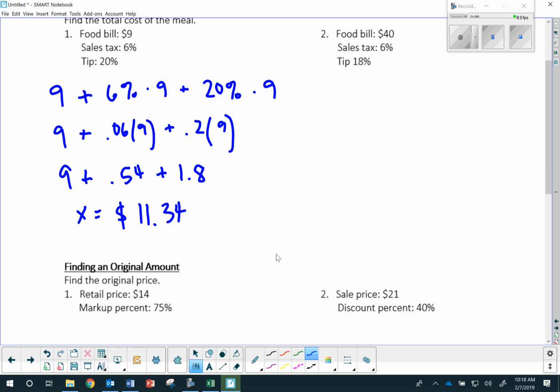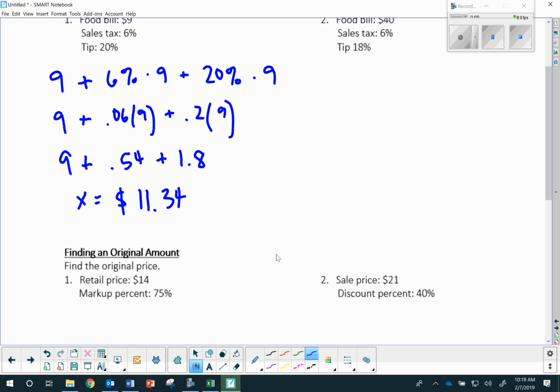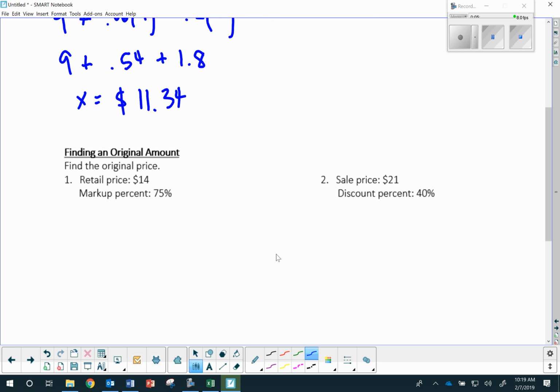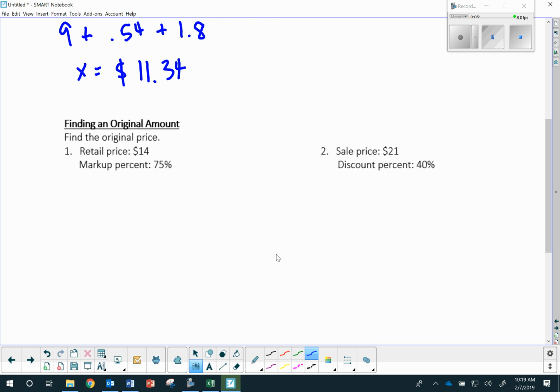All right, again, we have a markup percentage. However, this time it tells us the retail price, and we're trying to find the original amount. So we know our retail price is 14. So 14 equals X, which was our original amount. That's what we're searching for. Then we know we need all 100% plus the 75.